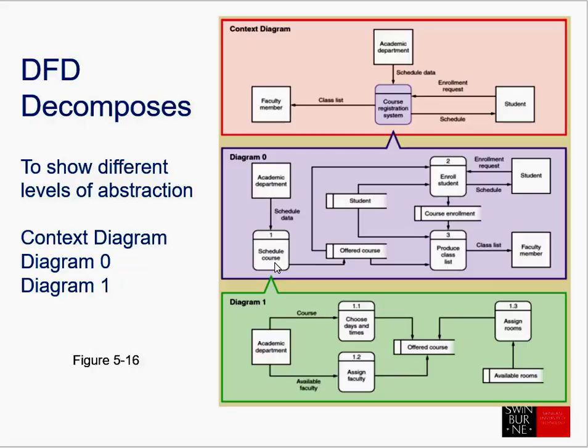Now the logic in this sense, if you think about this particular process, you can see one external agent, meaning the academic department, is involved with this process, and then one data flow goes back to the entity called offered courses.